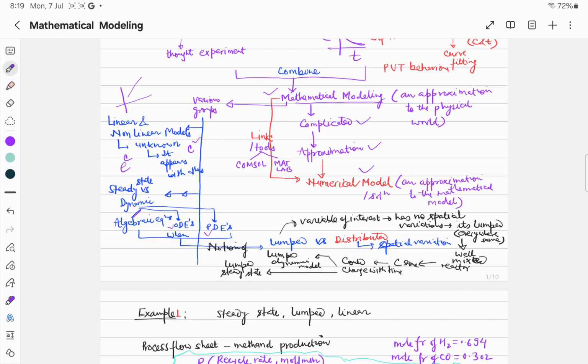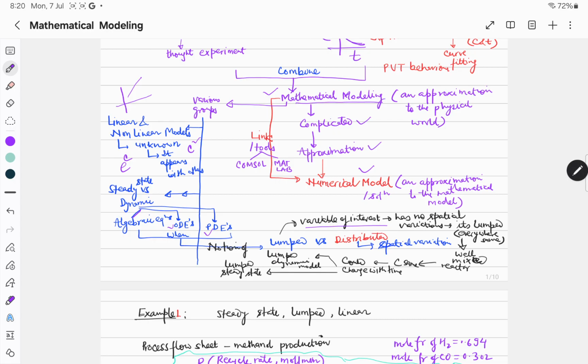A model could be lumped, meaning the variable of interest has no spatial variation. Suppose you are taking a reactor, then the concentration of any reactant in the reactor will be the same everywhere in the reactor. So it has no spatial variation; this is lumped.